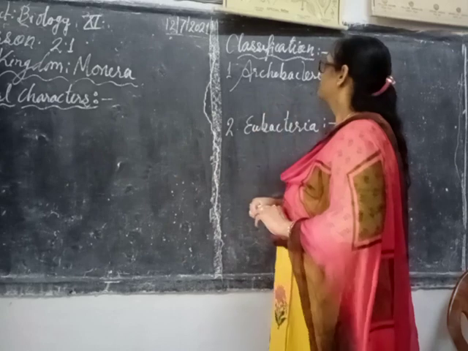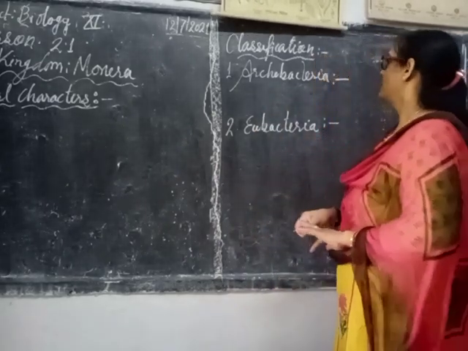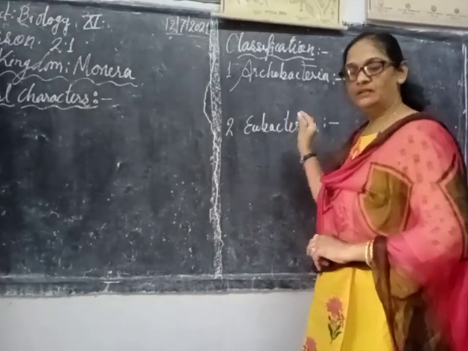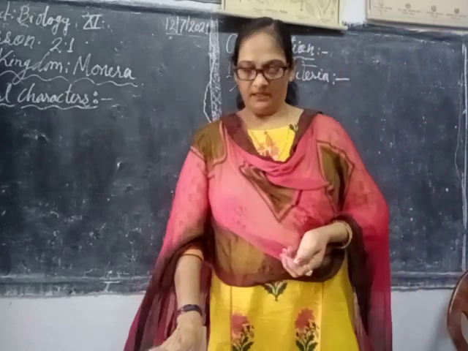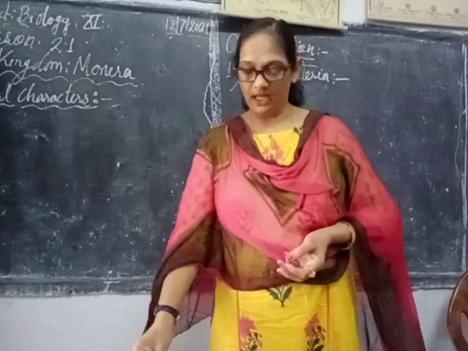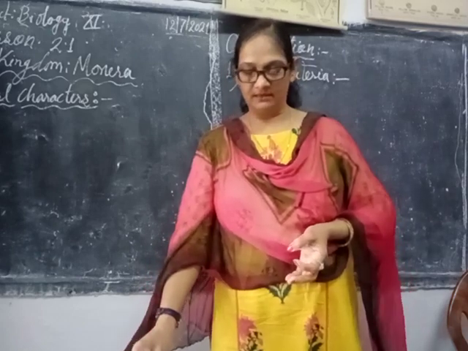The classification is given here. The first one is Archaebacteria and the second is Eubacteria. Archaebacteria have a cell wall which is made up of protein and non-cellulosic polysaccharides.